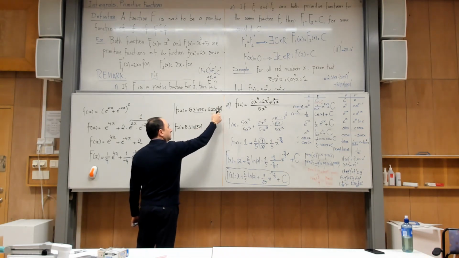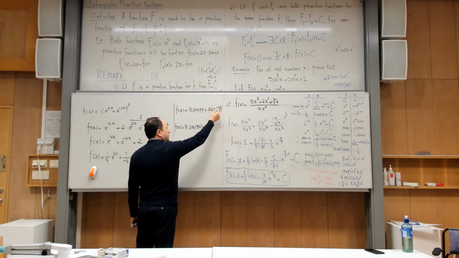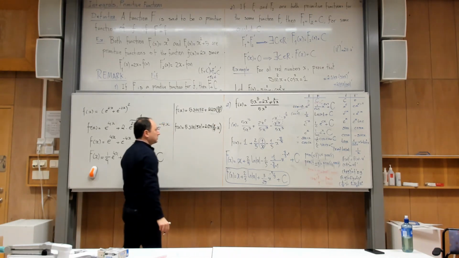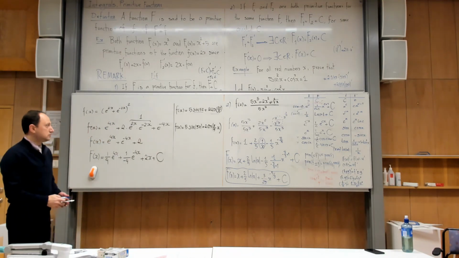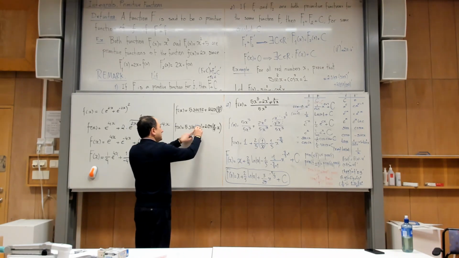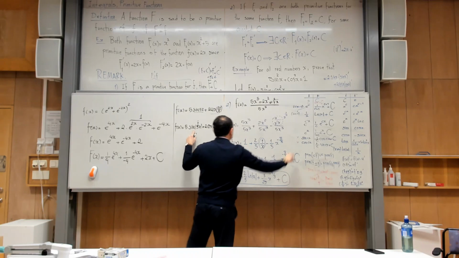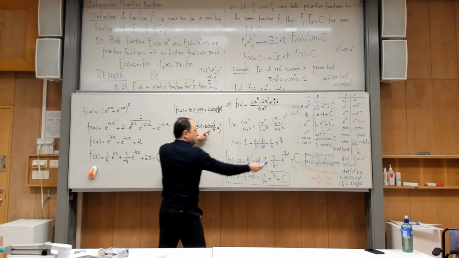And then here, I can write it as 2 cosine, instead of 3x over 5, I write it as 3 over 5 times x, which is exactly the same thing, but written in a way that I can read the coefficient easily. Yes? And now, for this one, this is playing the role of your c in this formula. For this one, this is playing the role of your c in this formula.